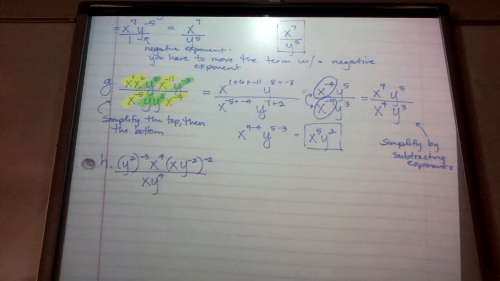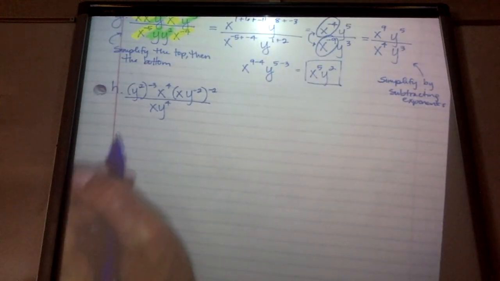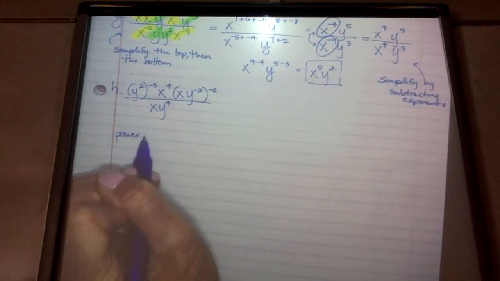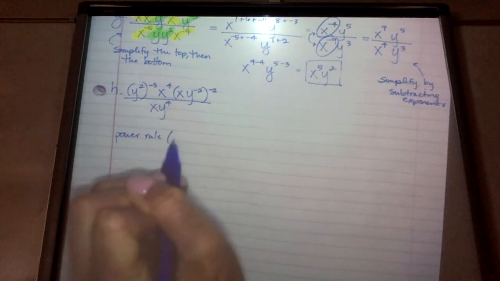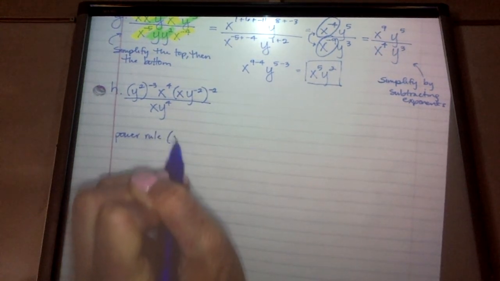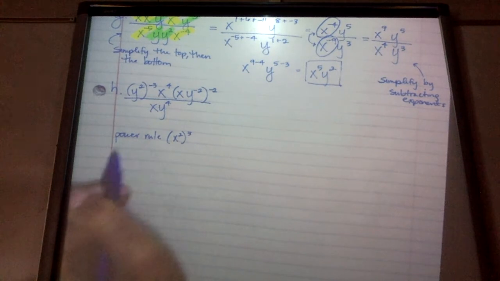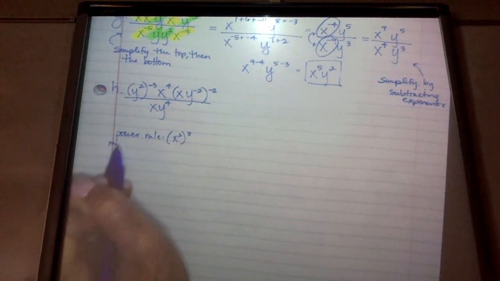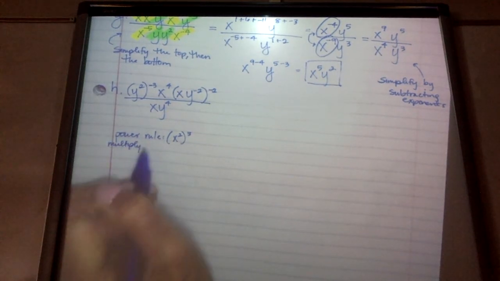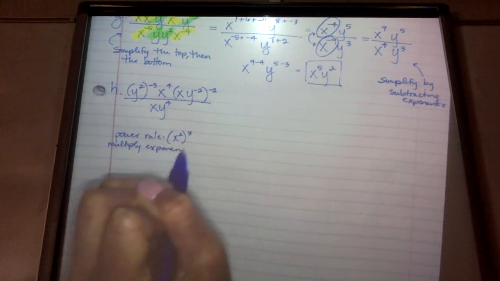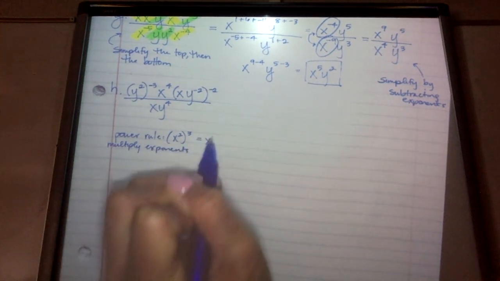Okay. Now this is review of the power rule. And the power rule states that, for example, if I had x squared to the third, you multiply exponents. So this equals x to the 6th.